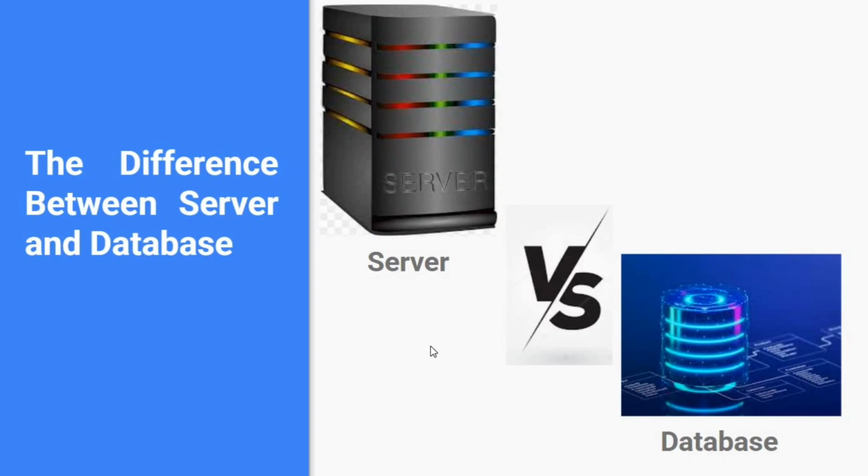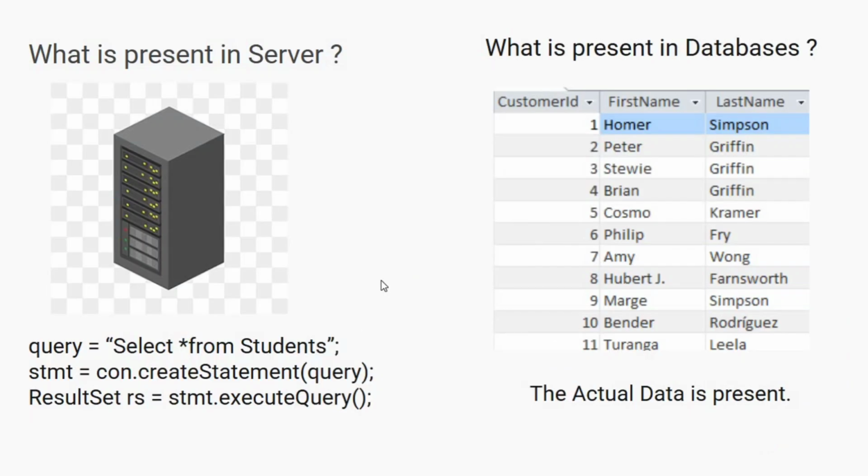Now, many people are confused about the difference between a server and a database. So let's first clear that up. The database is usually the actual data, that is the storage area where all the information is kept. For example, here we have a customer table where the customer ID, first name and last name are present.